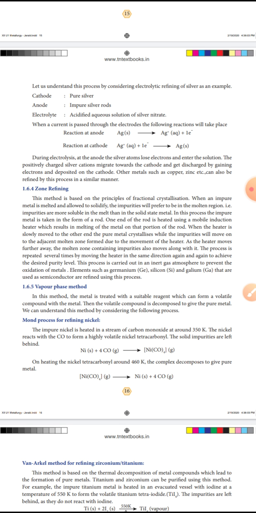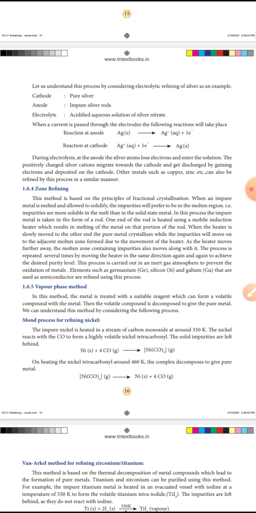This process is repeated several times by moving the heater in the same direction again and again to achieve the desired purity level. The impure metal rod is converted into a pure metal rod.